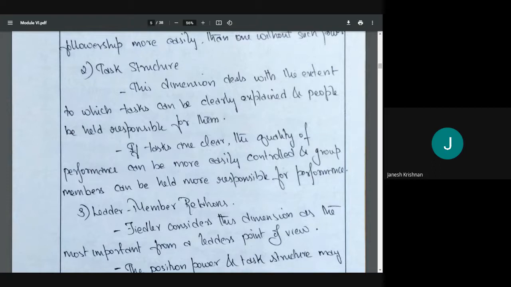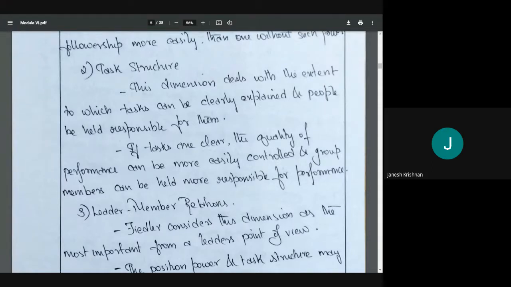Like we said earlier, 100 pens, 100 black pens. With each progression, we are making it clearer. If I say 100 black pens, I can easily hold people responsible. If he or she is not able to produce those 100 pens, I can hold them responsible, right? 200 black pens.